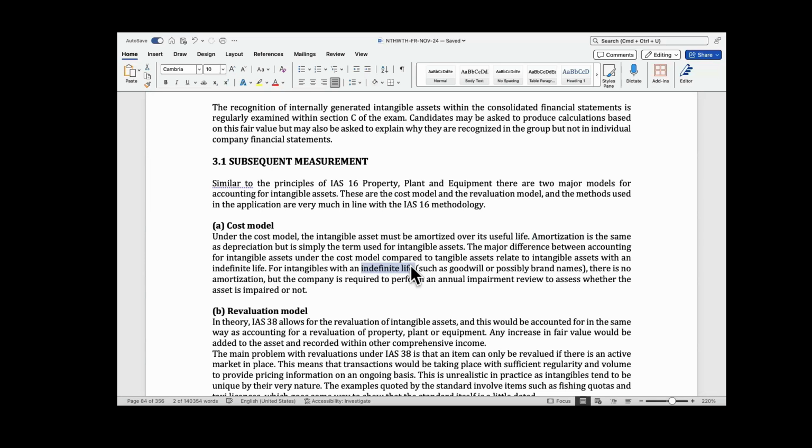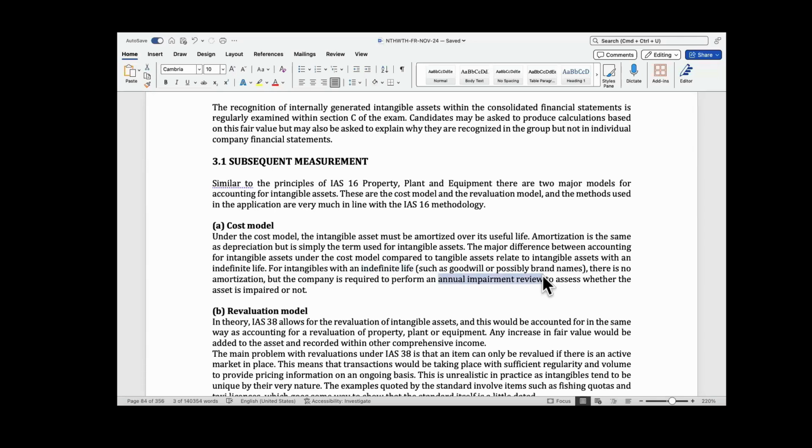So when you don't know the useful life, remember, that's why we do not depreciate land. If you have an intangible asset like that, it will not be amortized. What IAS 38 requires us to do is to perform an annual impairment review to check whether the asset is impaired or not.